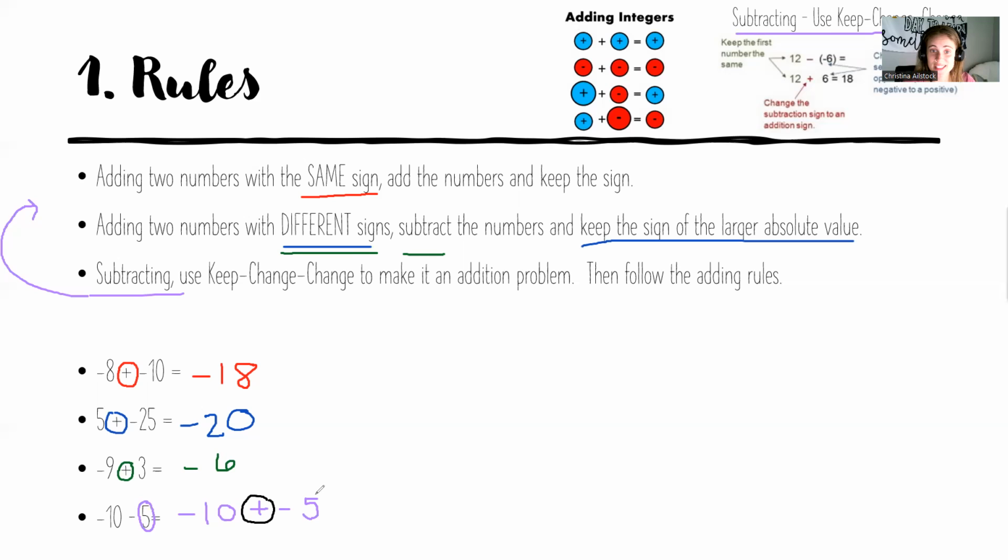They have the same sign. They're both negative. We now have a -10 and a -5. So because it's the same sign, we're going to add them together and keep the sign the same. So 10 plus 5 is 15. And if we keep the sign the same, our final answer is a -15.